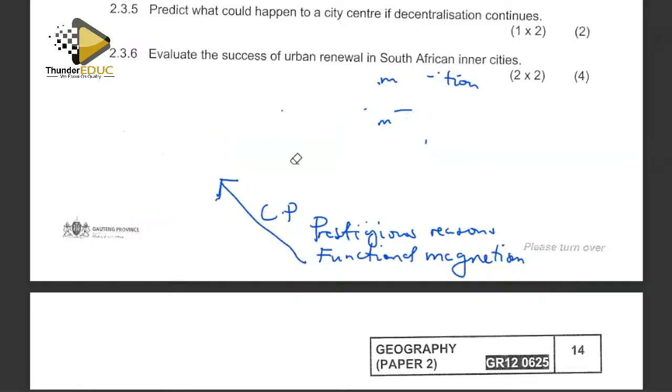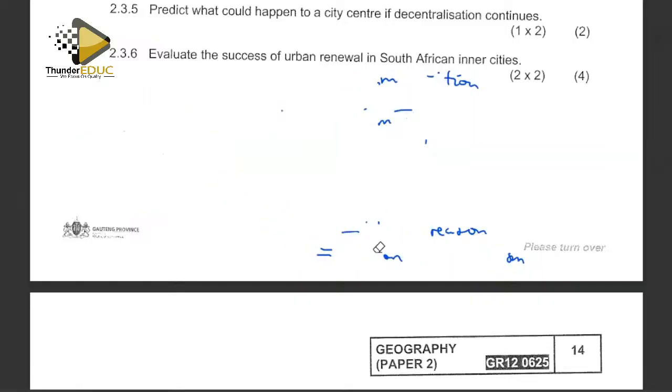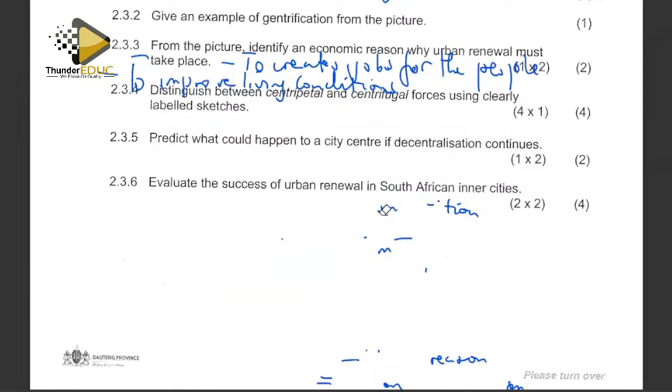Checking on the next question, predict what could happen to the city center if decentralization continues. What is likely to happen to the city center if more activities are moved out of the CBD to the outlying business district? There's going to be reduced activity.